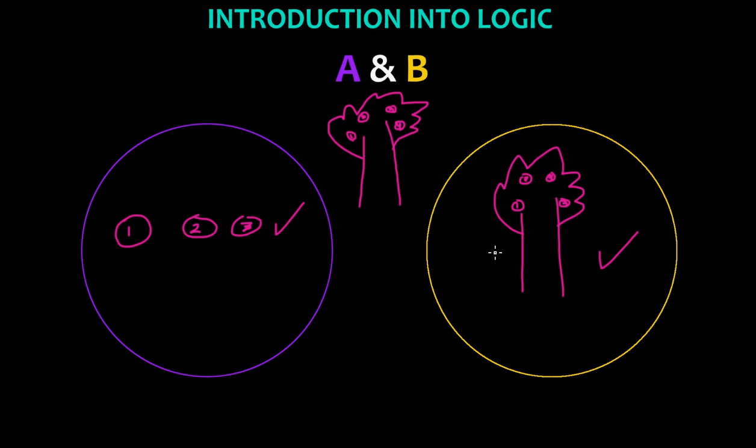Now, we could visualize this by drawing a Venn diagram, and let's go ahead and do that. So let's create A. A is going to be represented by this circle. This is A. Now, B, we're going to use color yellow.